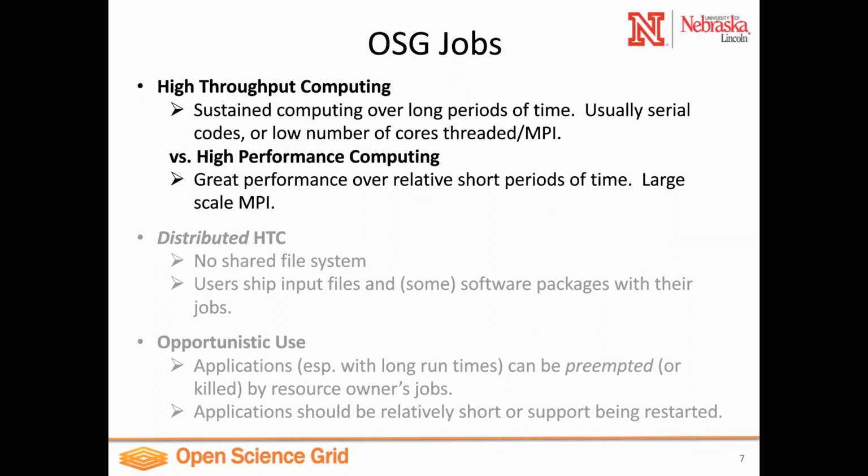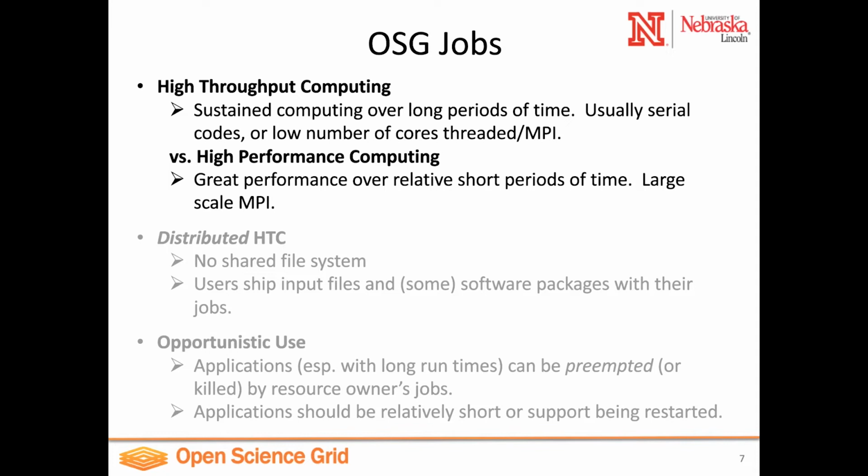Okay, so what type of environment is OSG? Rather than being a high performance computing environment, which is what Swan and Crane are, OSG is more of a high throughput computing environment, in that it's really ideal for workflows that are comprised of a large number of small jobs.